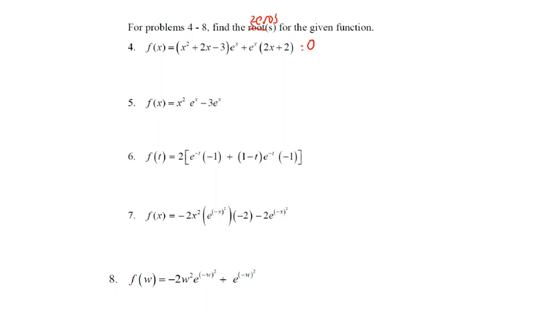E to the negative t times what gives me this? 1. 1, good. All right, now plus e to the negative t times what gives me all this?